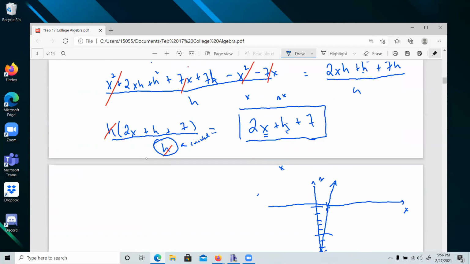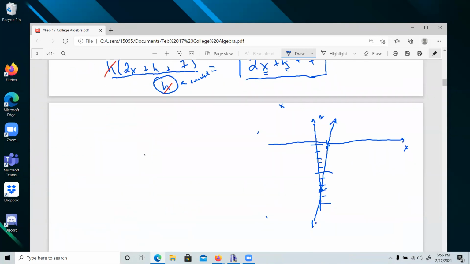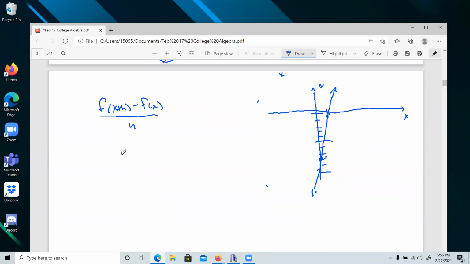So when I get done with this answer, when I do my difference quotient here, you're only going to get one number, because it didn't matter where I started, and it didn't matter how much I stepped. The answer is always 7. So let's go ahead and check that out and make sure it works.